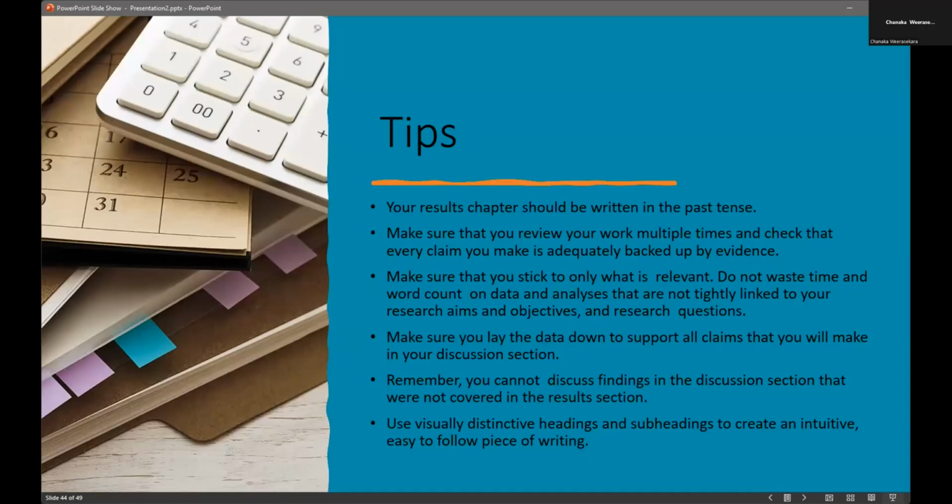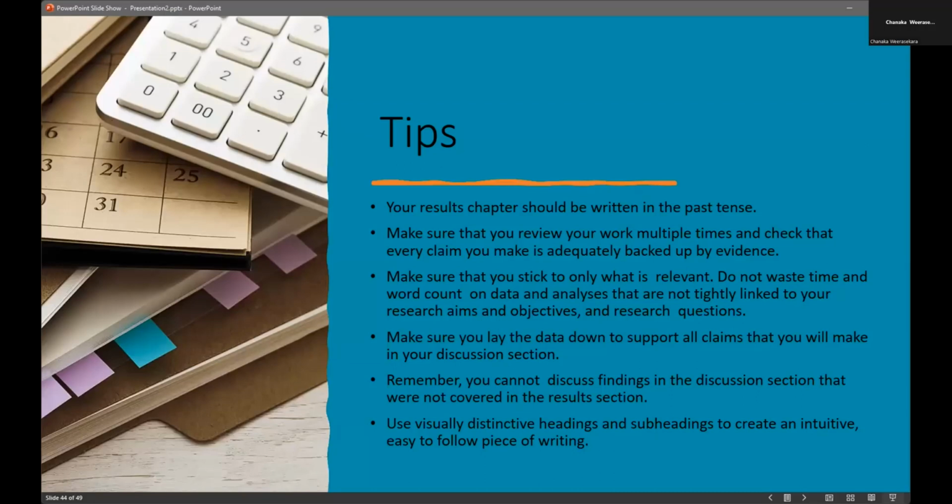And the third one is make sure that you stick to only what is relevant. Very important point when it comes to research. I have seen that students go round and round, mentioning irrelevant things in the research, which makes the reader uncomfortable and makes the reader not want to read the content, specifically in the results chapter.